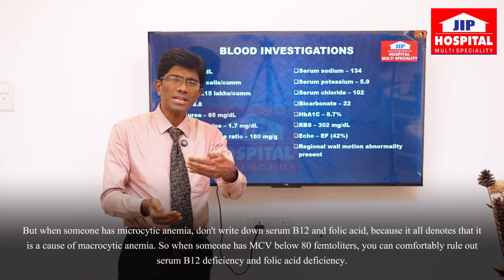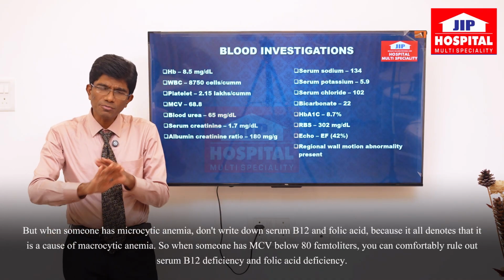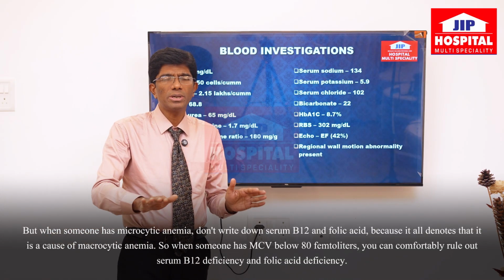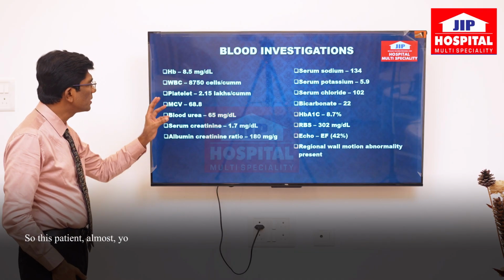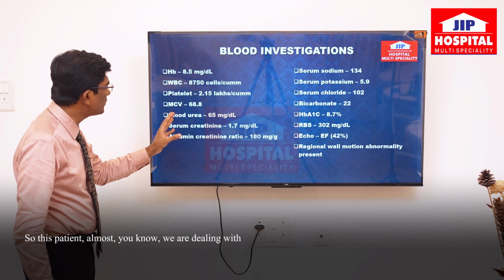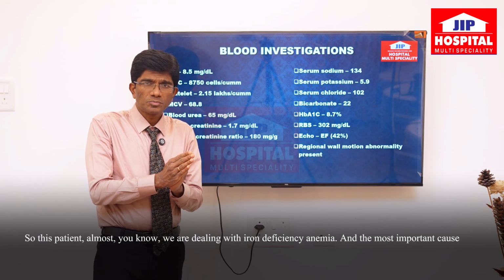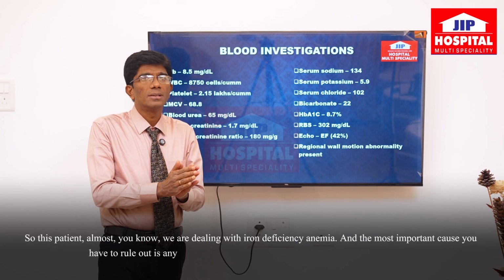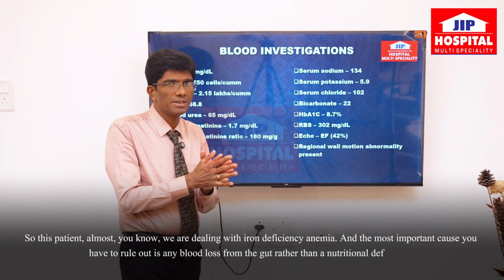So when someone has MCV below 80 femtoliter, you can comfortably rule out B12 deficiency and folic acid deficiency. So this patient, we are almost dealing with iron deficiency anemia, and the most important cause you have to rule out is any blood loss from the gut rather than a nutritional deficiency.